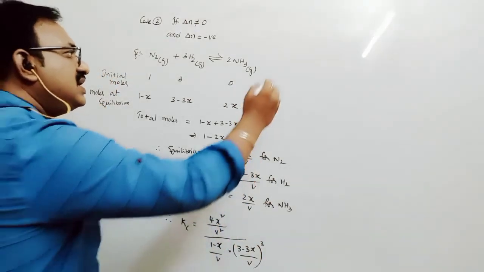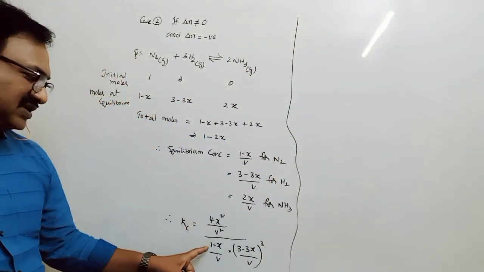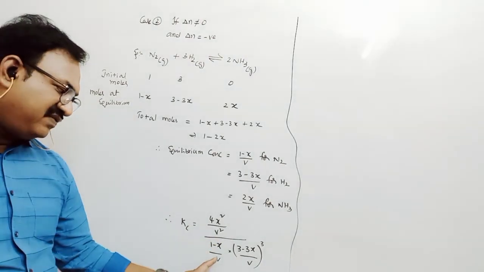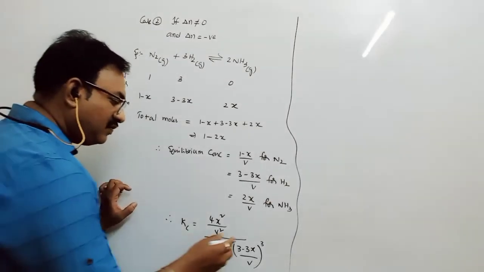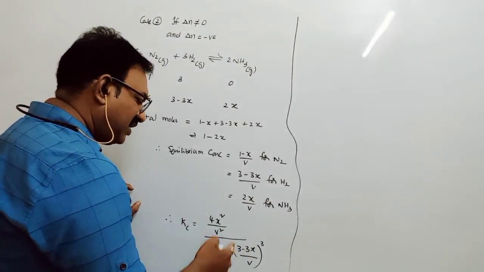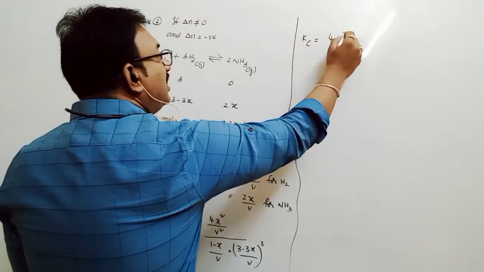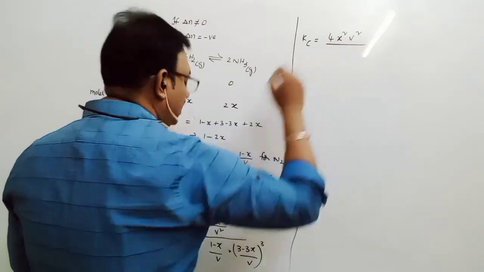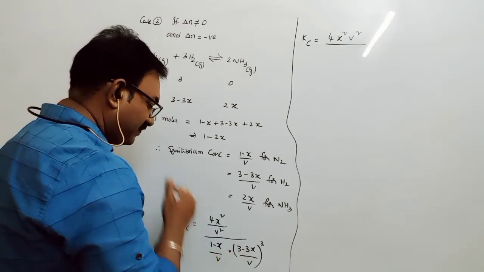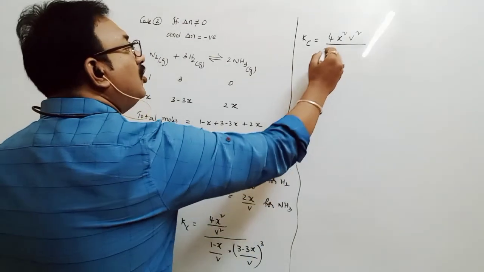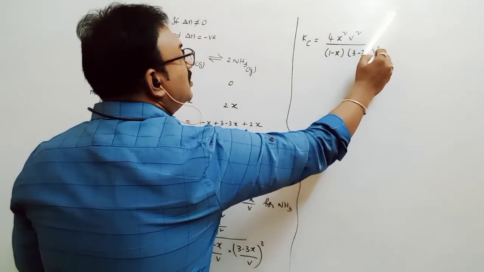Then simplifying, we get 4x square by V square by (1 minus x by V) into (3 minus 3x by V) whole cube. The V square cancels, and with one more V square here, we get 4x square into V square by (1 minus x) into (3 minus 3x) whole cube.